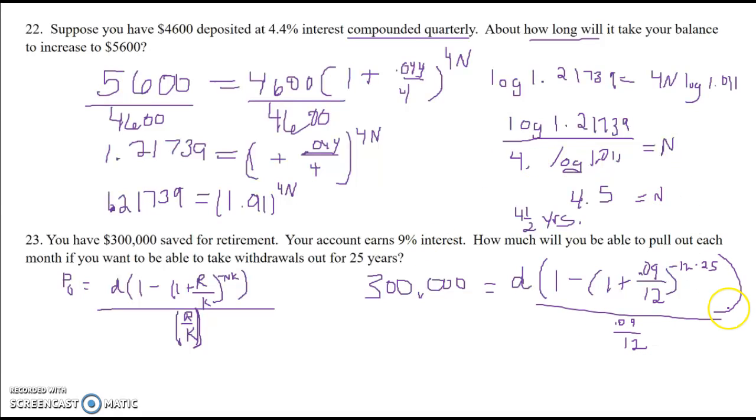Now you can do all this on the calculator, and what you end up getting is 119.162 times D. And then I'm going to divide by 119.162 into 300,000.